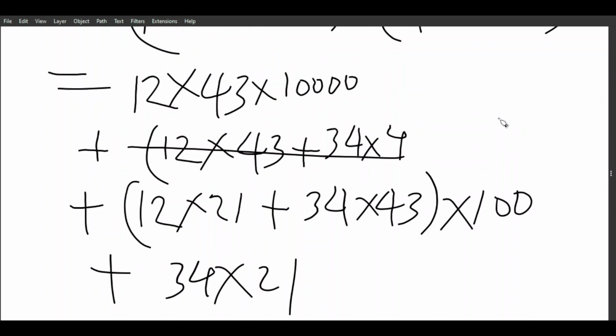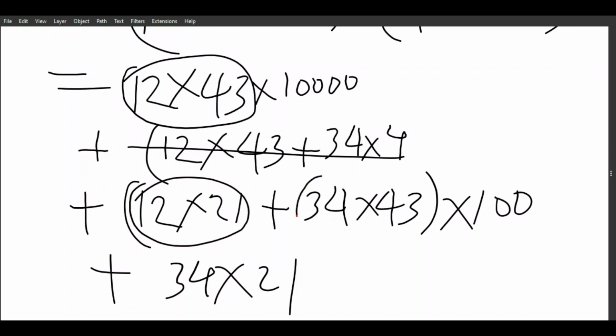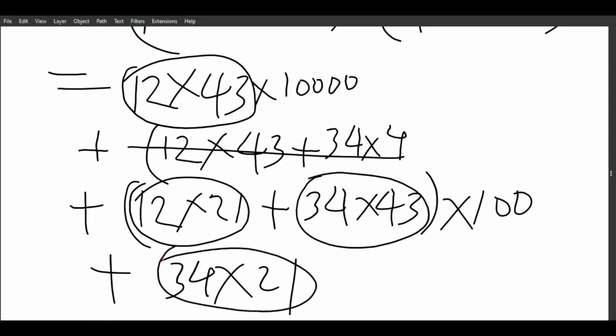So here we have 4 sub problems, and the 4 sub problems are 12 multiplied by 43, 12 multiplied by 21, 34 multiplied by 43, and 34 multiplied by 21. So one problem is giving 4 sub problems, and then again recursively you can apply and break the problem into again 4 sub problems. So this way you can solve this by divide and conquer.